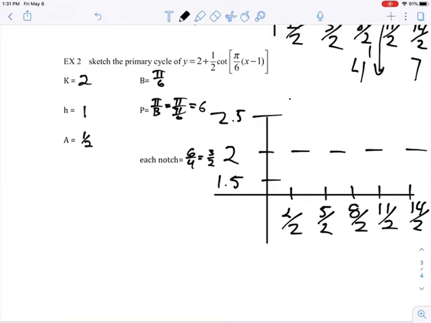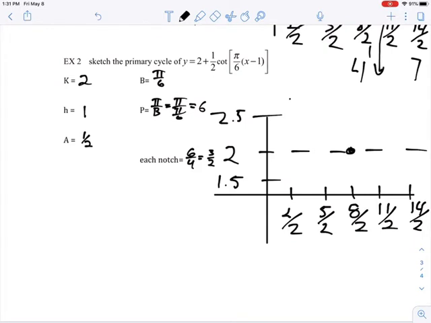Okay, now we're looking at a cotangent. What's in the middle of cotangent is an O, a 0. So in the middle, I go from here to here, and I go, whap, what's in the middle? Right there. Right here is my 0.